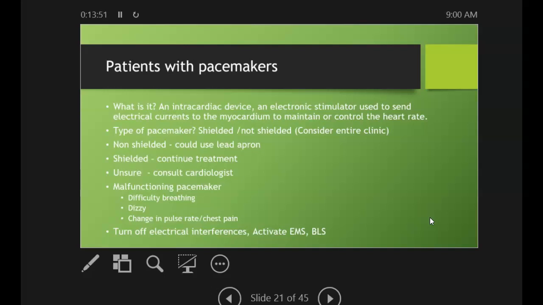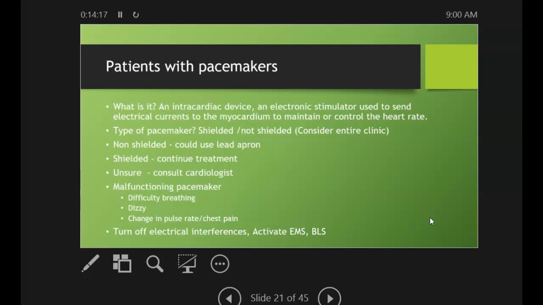Typically, half the clinic could be using an ultrasonic, although currently, at the time of this recording, we're not using ultrasonics in our clinic. So we have to consider the patient's type, shielded or non-shielded, and we can ask them.